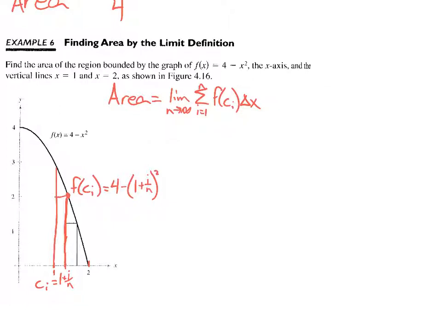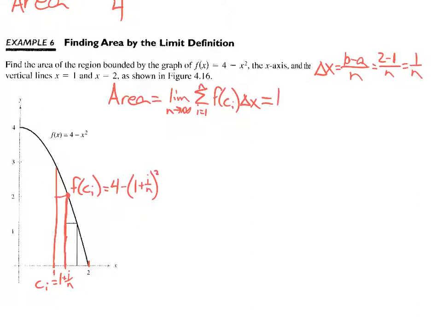And remember, delta x is (b minus a) over n. Well, b in this case is 2 because we're going from x equals 1 to x equals 2, and a is 1. And you'll notice here 2 minus 1 is 1 over n. So delta x is 1 over n. Now, it's not always going to be that, it just happens to be in the two examples we're doing.